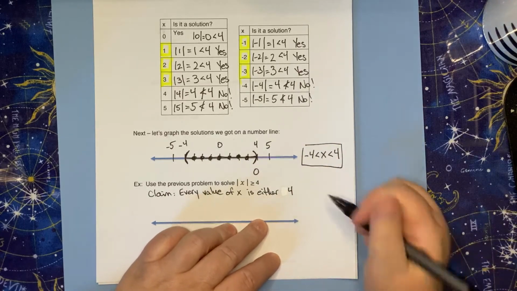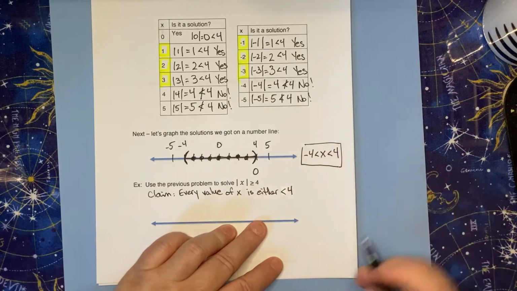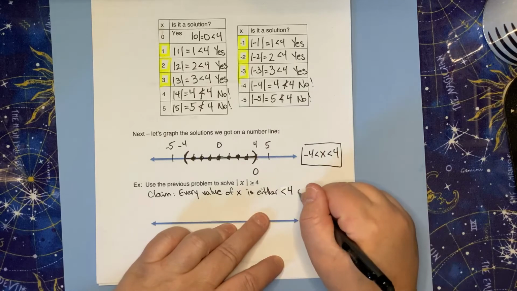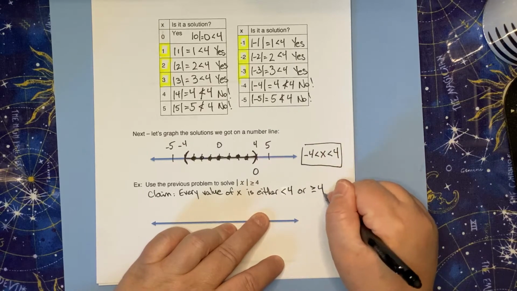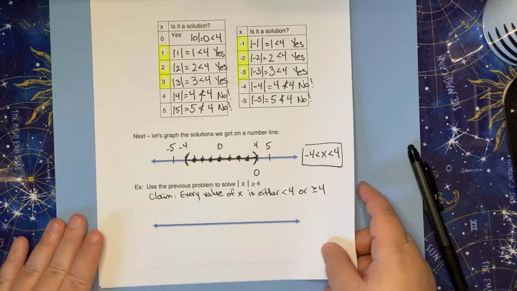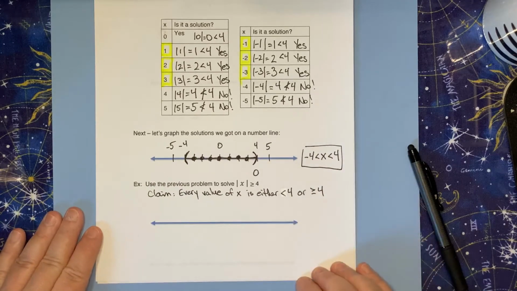Sorry about that. My hands like to do all funny things. So every value of x is either less than 4 or greater than or equal to 4. I'll give you a moment to think about that. That's my claim. And I know it's hard to think about when the paper is sideways, so there we go.